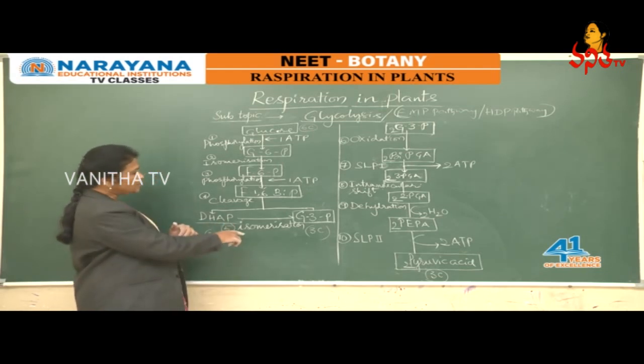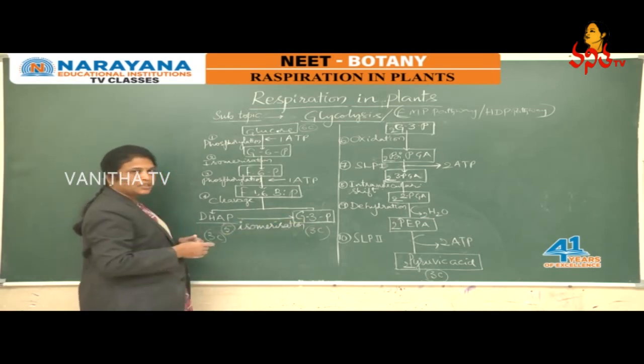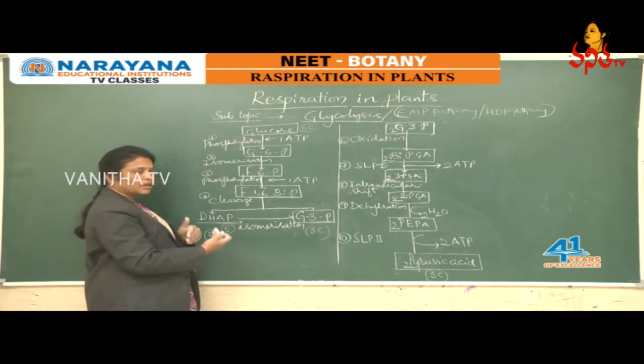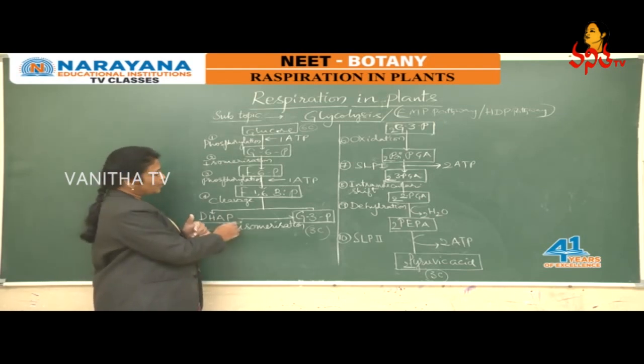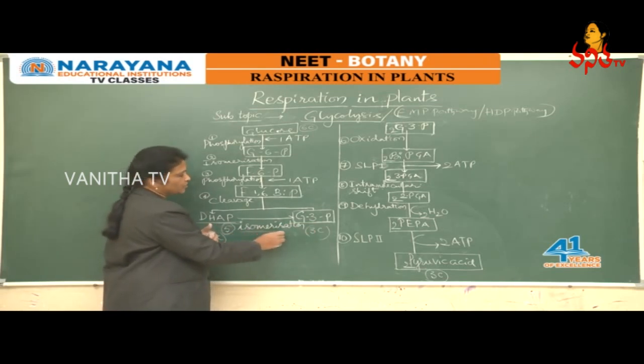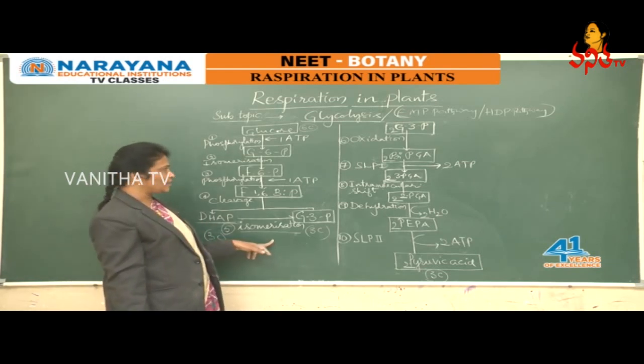So, here isomerization of the DHAP molecule into a G3P molecule is required. Here the DHAP, which is not the substrate for oxidation, which does not undergo oxidation, may not continue further reactions. So, it is isomerized into a G3P molecule by the process of isomerization, and triose phosphate isomerase catalyzes the reaction.